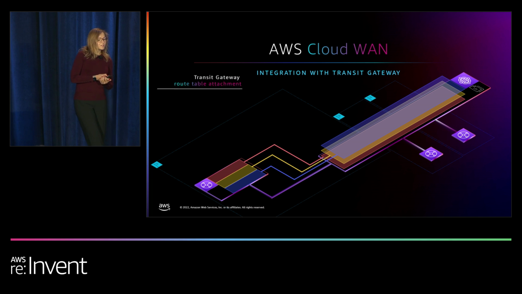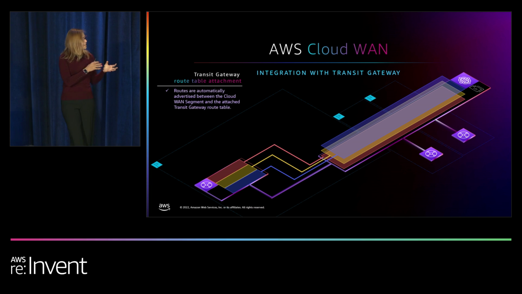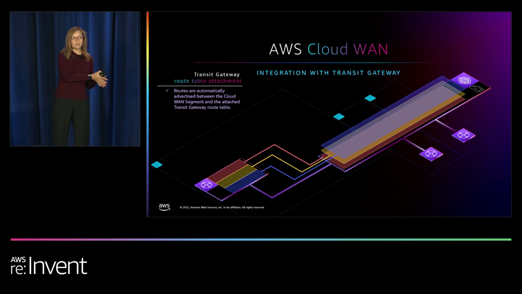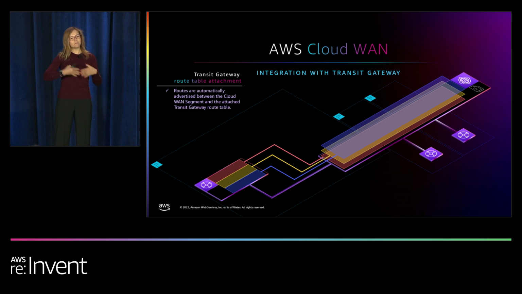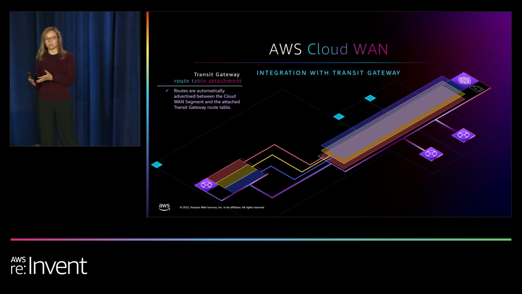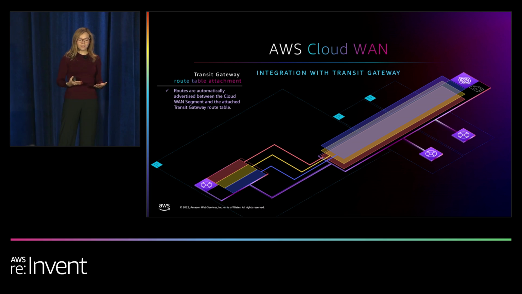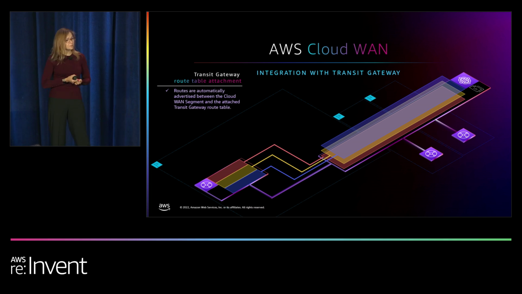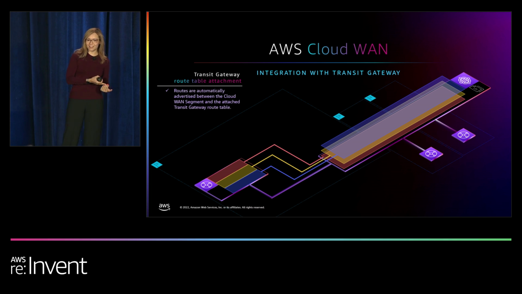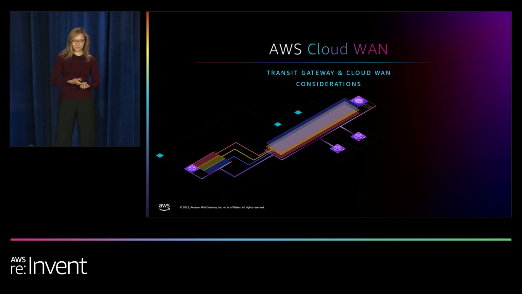Very important, once we've done this, the routes that Transit Gateway knows in a route table and the routes that Cloud WAN knows in a route table get automatically propagated between the two. So you don't need to go into TGW and configure static routes. You don't need to go into Cloud WAN and configure static routes for the TGW attachments.